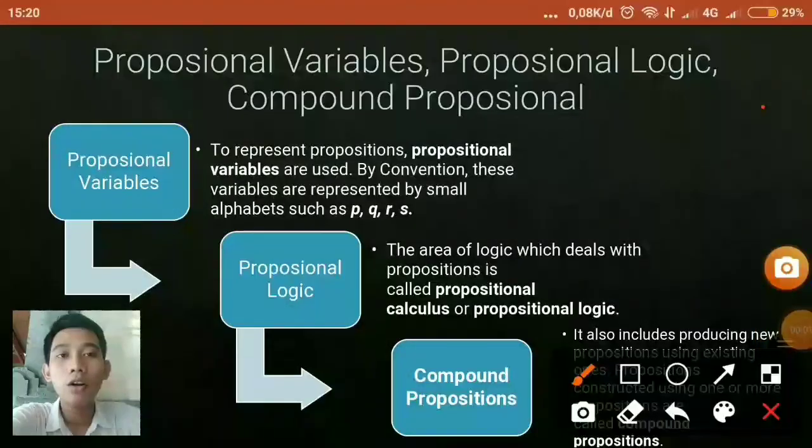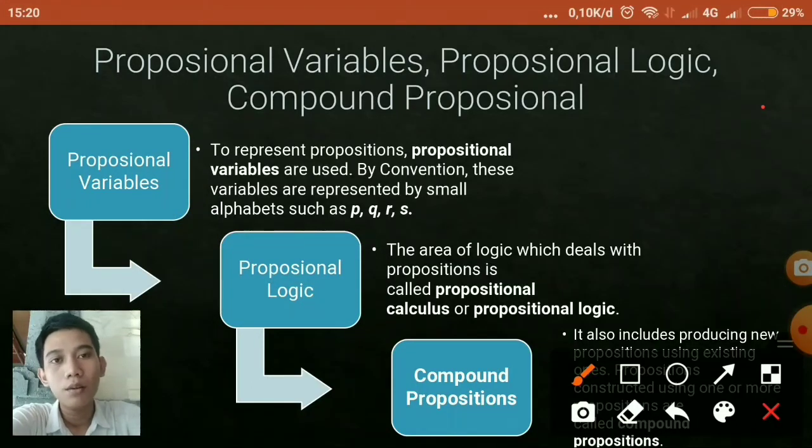Next, we will talk about propositional variables, propositional logic, and compound propositions. First, propositional variables. To represent propositions, propositional variables are used. By convention, these variables are represented by small letters such as p, q, r, s.